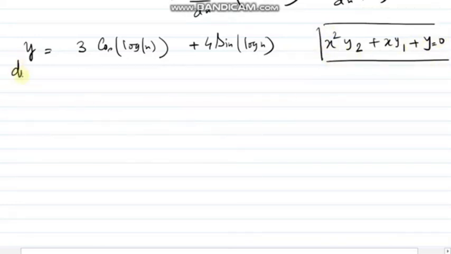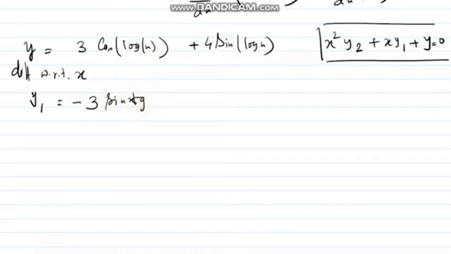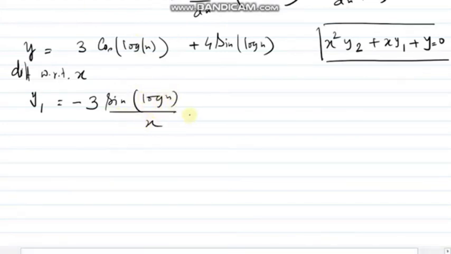First, differentiating with respect to x. What is y1? It will be 3 times, what will be the derivative of cos log x? Minus sin log x divided by x, right? That's the chain rule. Minus sin log x divided by x, plus 4 times, what is d/dx of sin log x?